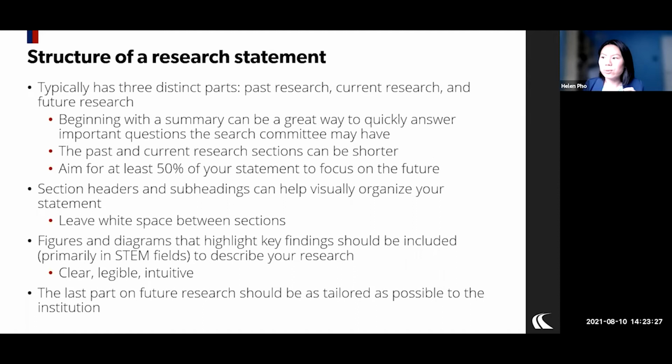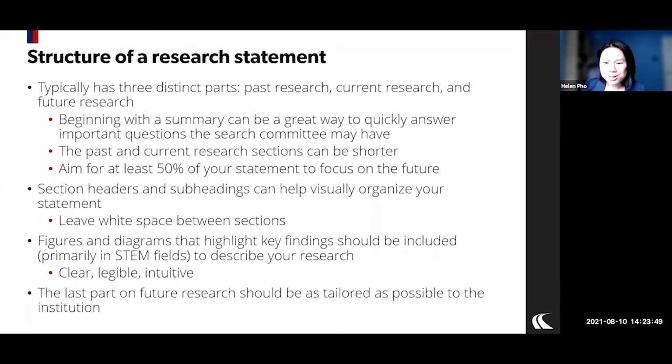So starting off with a summary to lead off your research statement can be a really good idea. Usually the past and current research sections can be shorter, and I would always recommend aiming for at least 50% of your research statement to focus on the future.